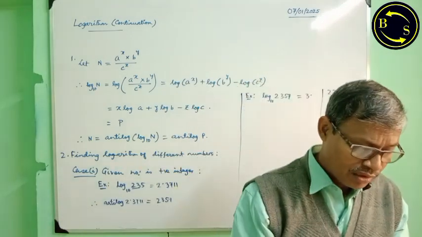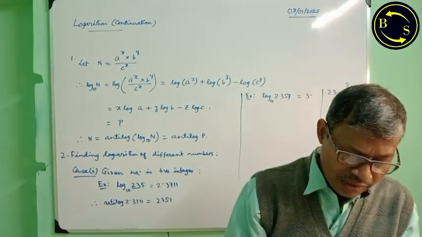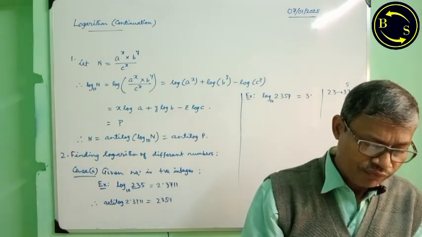For that digit 7, we move to the mean difference column.